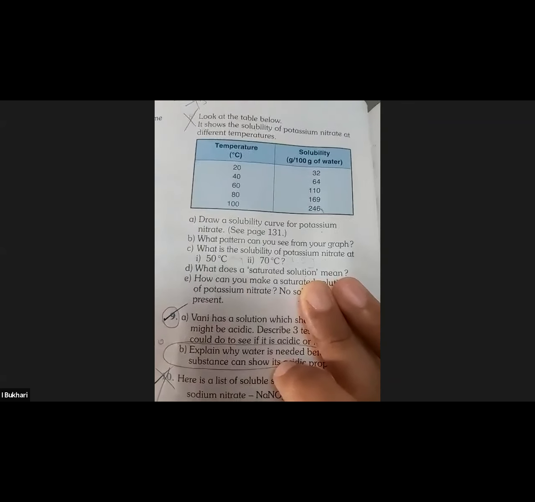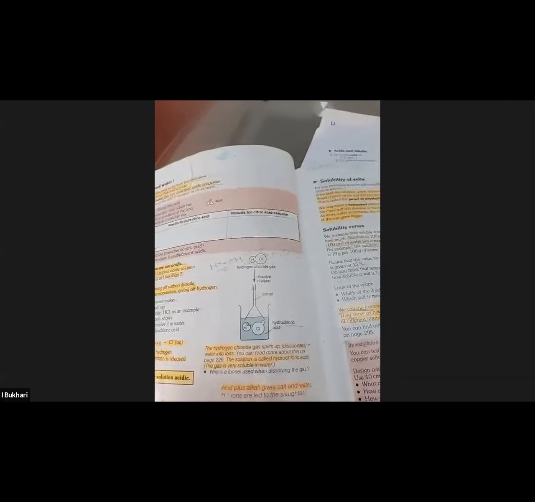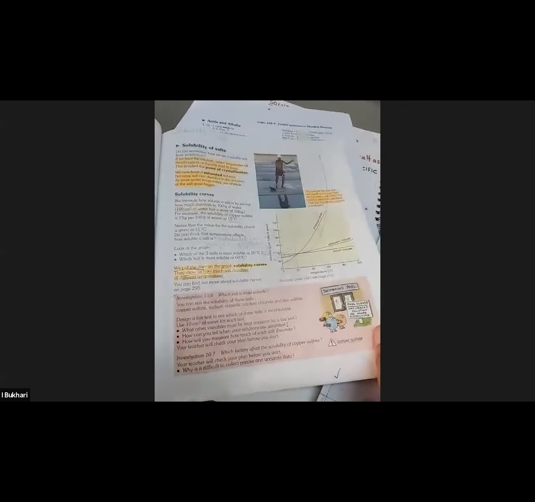Look at the table. This is the end of chapter question. You don't have it in your book? Look at the table below. It shows the solubility of potassium nitrate. Is it omitted? I don't think so. I think it is included. If this page is included, this question is included because this question is based on this page.